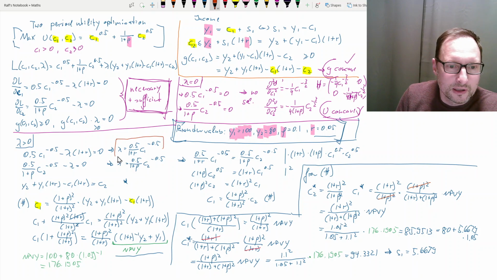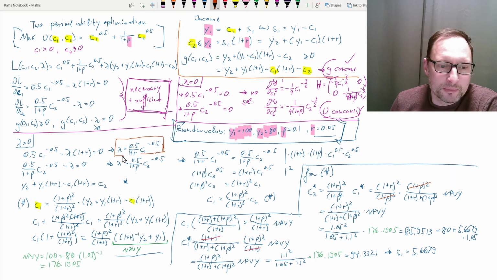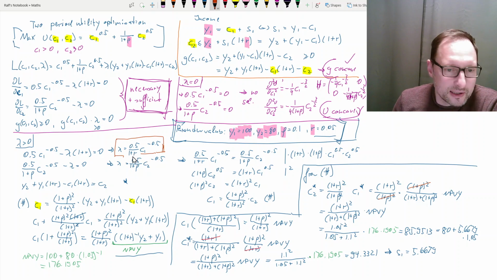Okay, we found out in our algebra that lambda is equal to 0.5 divided by 1 plus r times c1 to the negative 0.5. So we could plug in our C1, which is approximately 94, and our r value, which is 0.05.